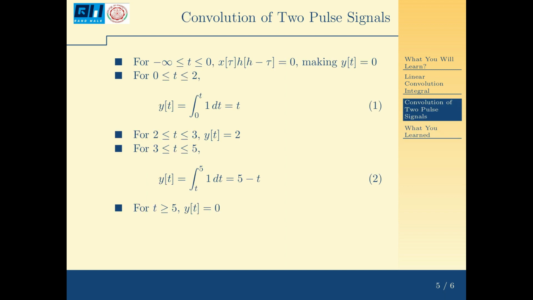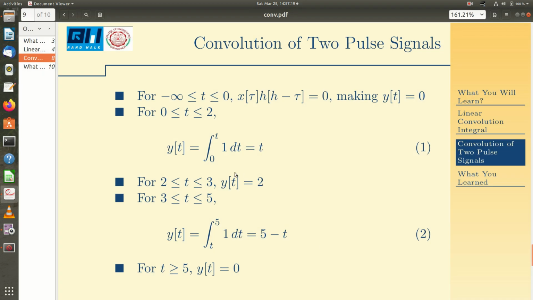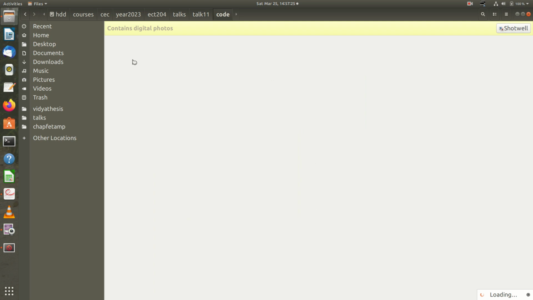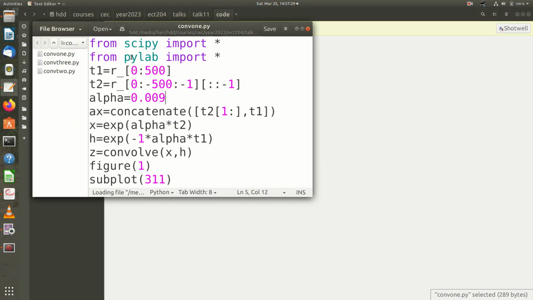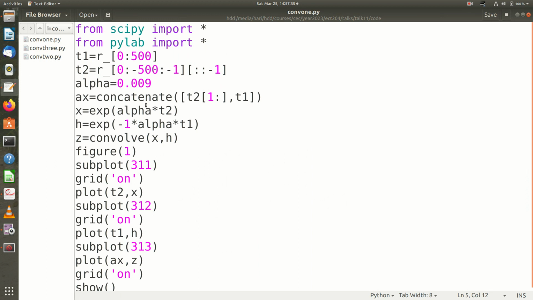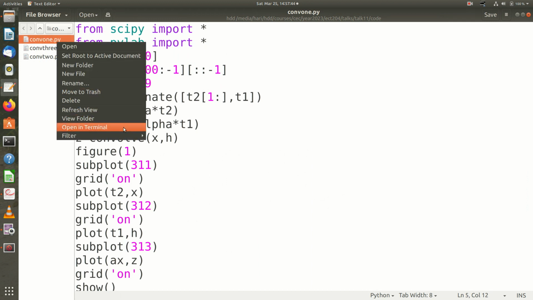Now let us see some simple examples with the programming. You can appreciate this code. I will run this code. Now I will open a terminal here.